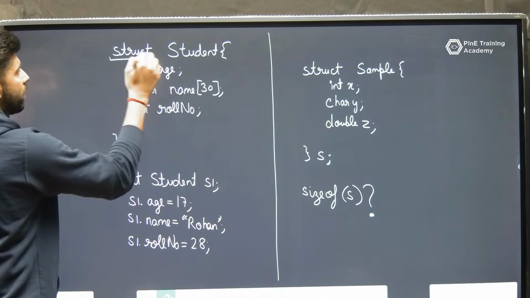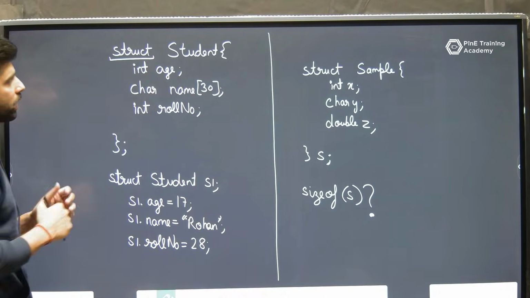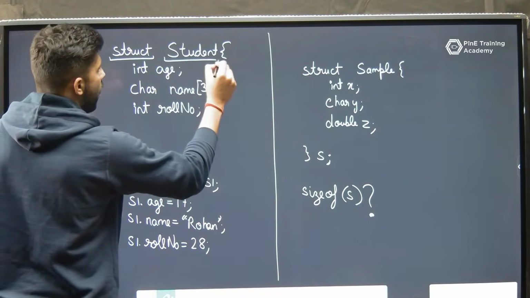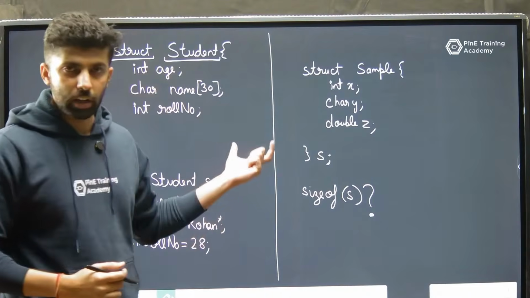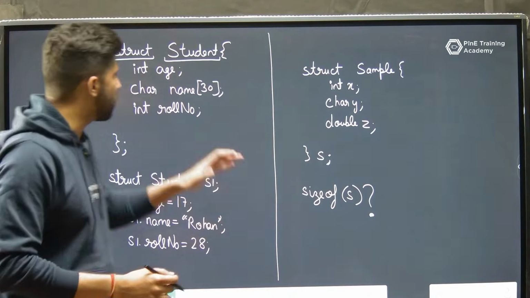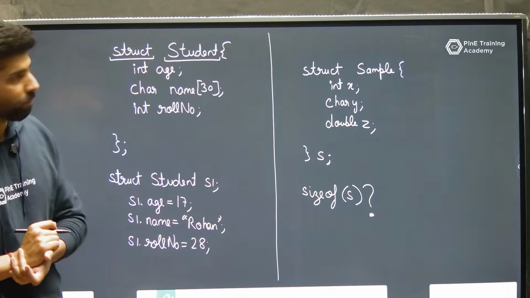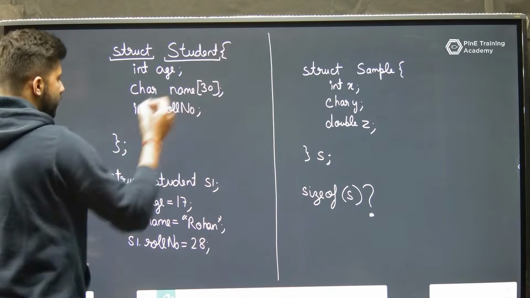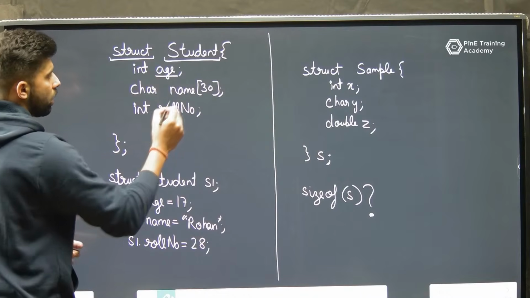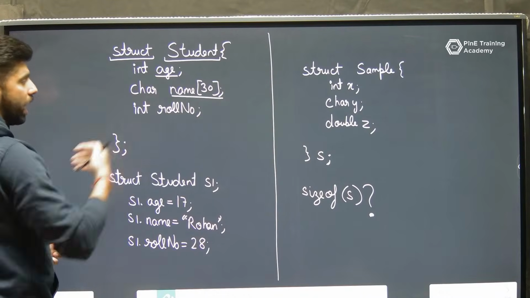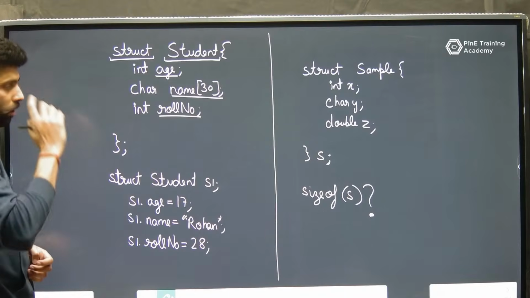We use this keyword struct, then we name our structure. Okay, we name our structure. I want to store the details of a student, so I have written student here. Now inside these curly braces, I have written age, name, this is a character array, and this is a roll number.